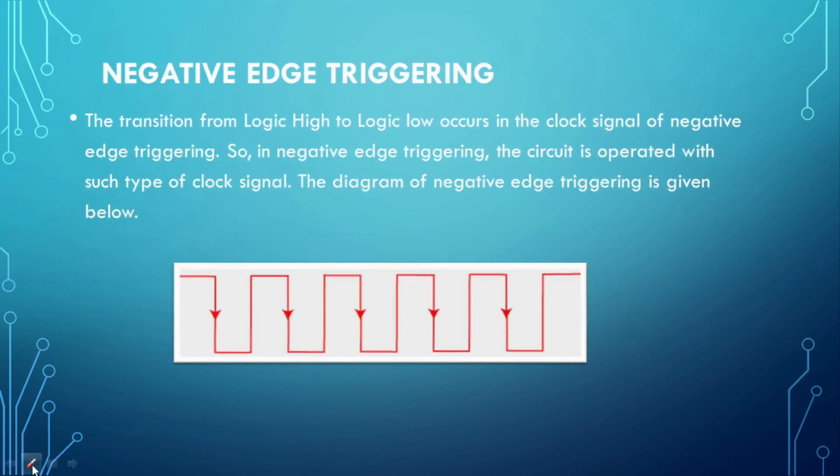In negative edge triggering, it happens from the high value, that is 1, to the low value 0, and this arrow mark represents the falling level. And this will be asked as a 2 mark question in your exams.